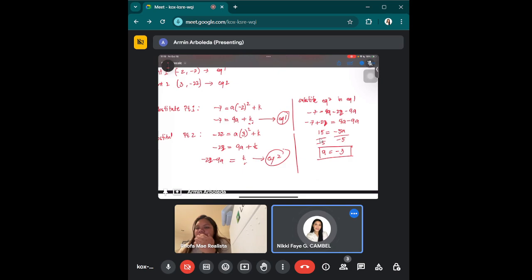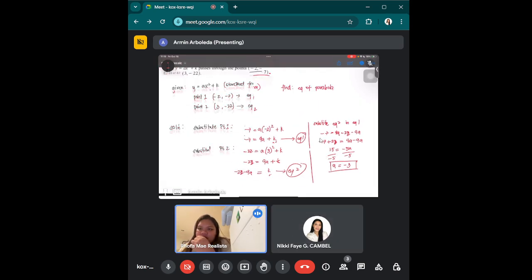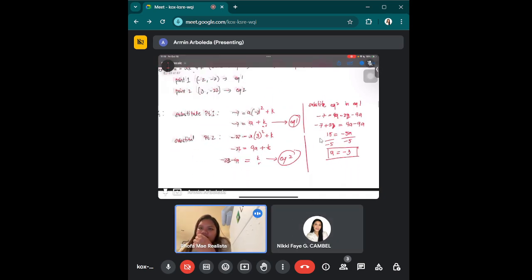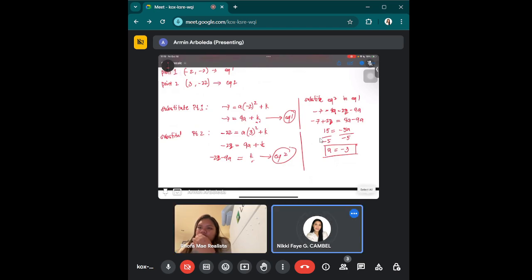Then how about our k? We're going to use equation 2. Okay, this one. k is negative 2 minus 9a. But we can replace a now because we have its value.